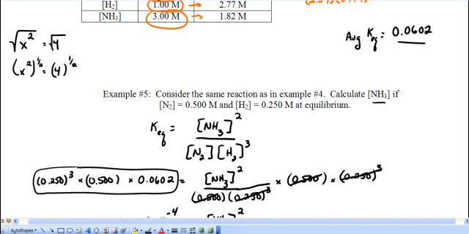Another way that you could solve if x squared equals 4 is to raise both sides to the 1/2 power. And so this 1/2 and this 2 would multiply out, and you'd be left with x equals 4 to the 1/2 power. And if you type that into your calculator, the 1/2 power is exactly the same as the square root.